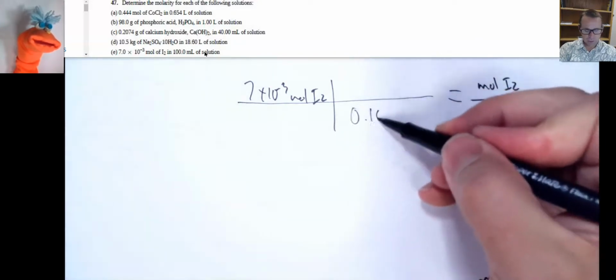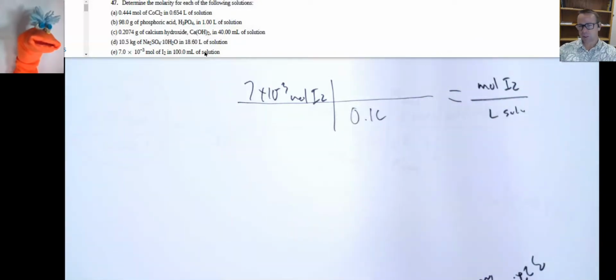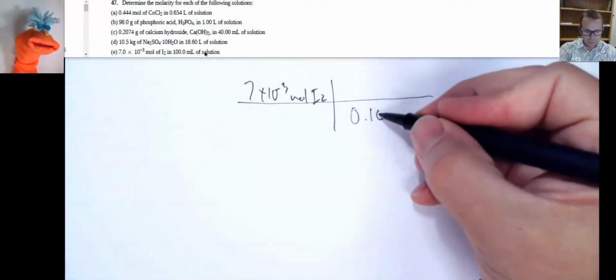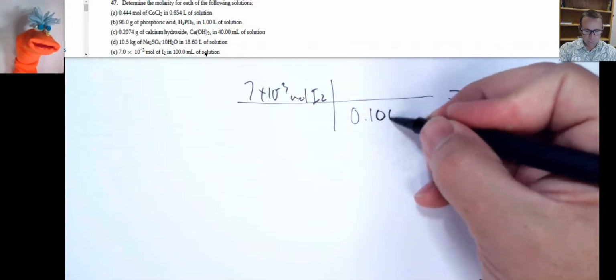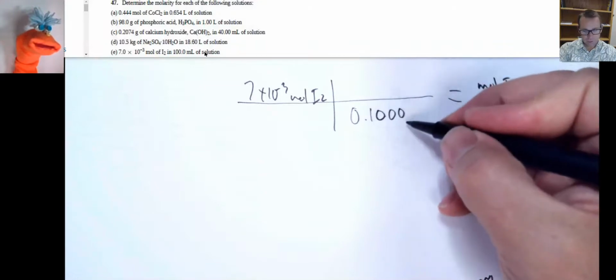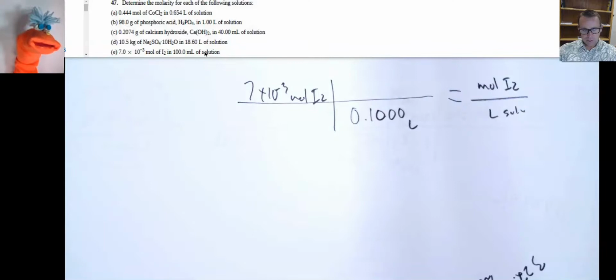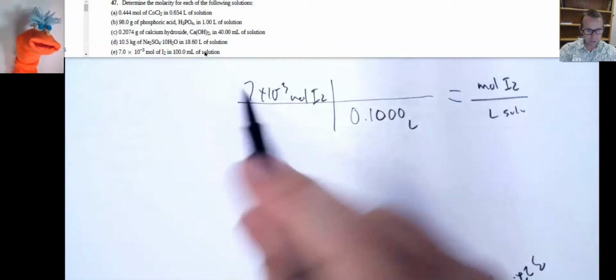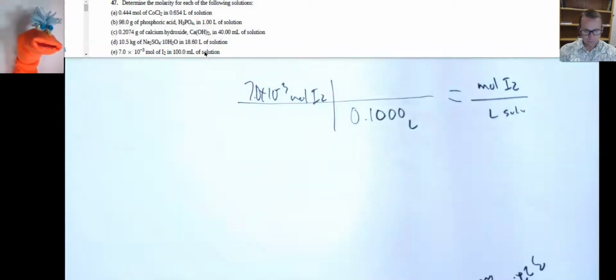Is it okay if I put 0.1 liters just like that, if I see 100 milliliters? It's not the right significant figures, but okay. I need 1, 2, 3, 4 significant figures. This only has 1 or 2, I guess, so we're only going to get 2 significant figures.